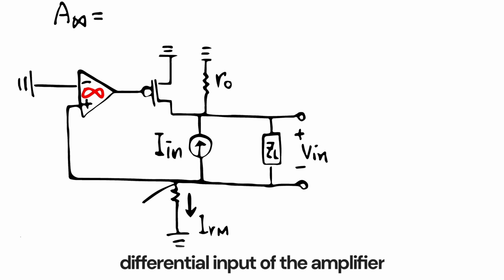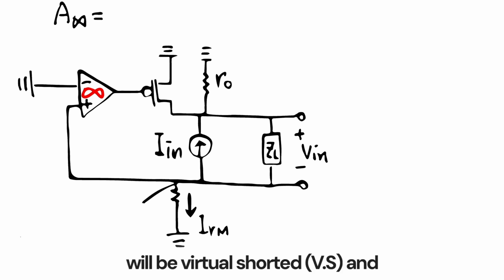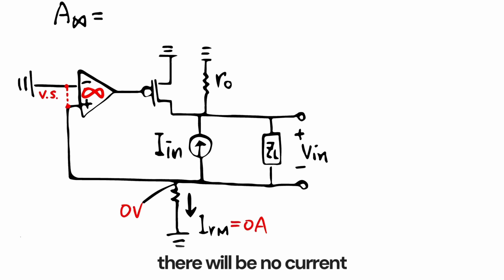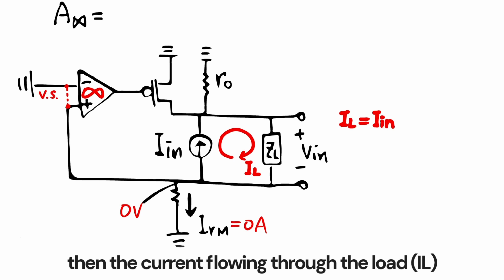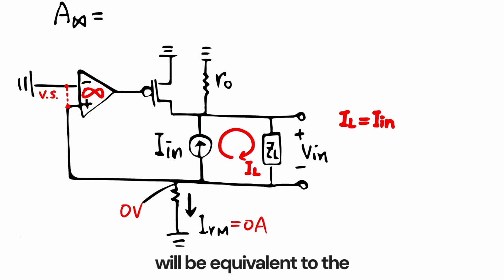This means the differential input of the amplifier will be virtually shorted and there will be no current flowing through the resistor Rm. It's interesting to know, if there's no current flowing through the resistor Rm, then the current flowing into the load will be equivalent to the test current.